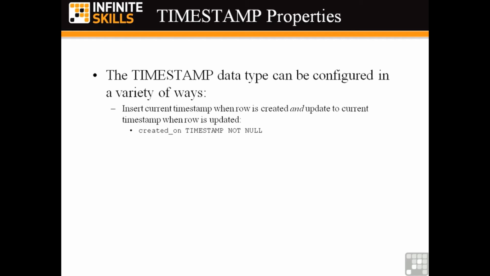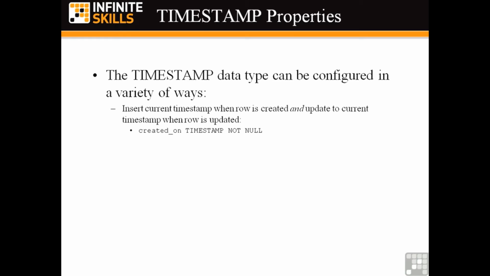Well, the problem with the way it was defined on the previous slide is that the current timestamp will both be created when the row is created, but it will also be updated every time any other column in that row is updated, which of course is going to produce a lot of misleading created_on timestamps.